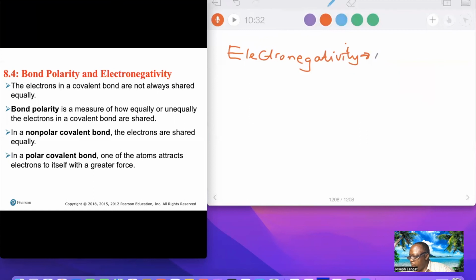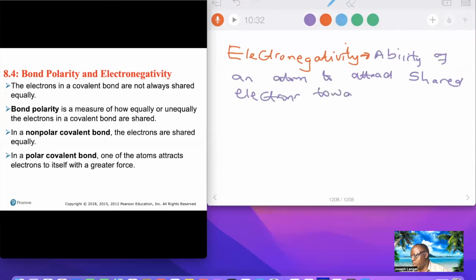This is simply the ability to attract electrons, or rather, to attract shared electrons towards itself in a covalent bond.